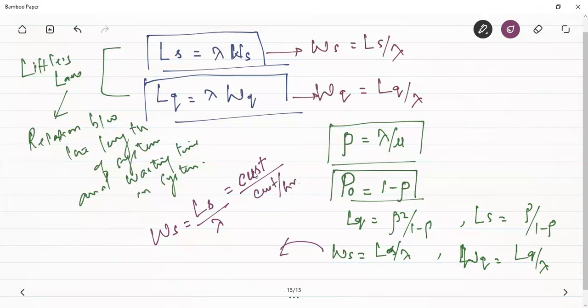So customer and customer cancel, and the unit is hour, or it could have been minute, had this been in customers per minute. So we get the waiting time in hours or minutes, depending on what is given in the question. Okay, so let's go to some questions.